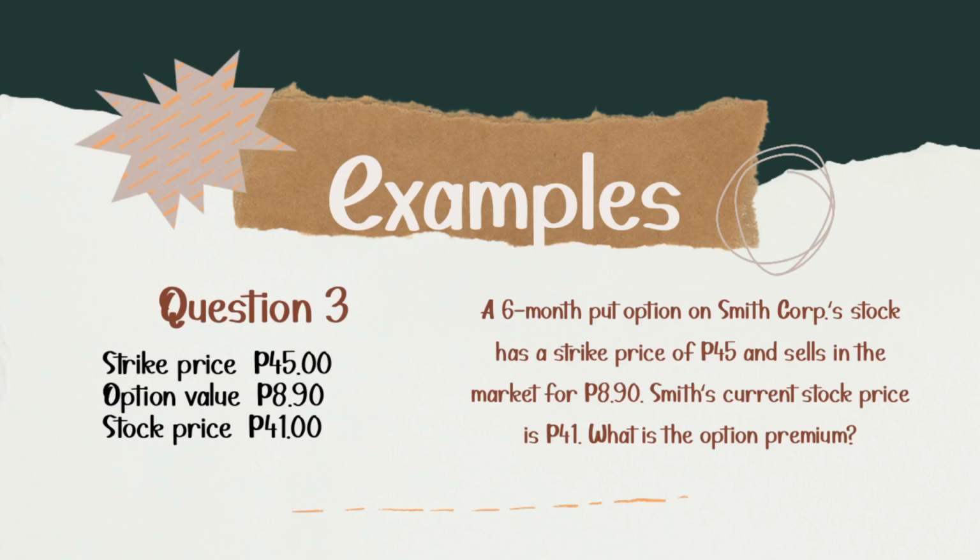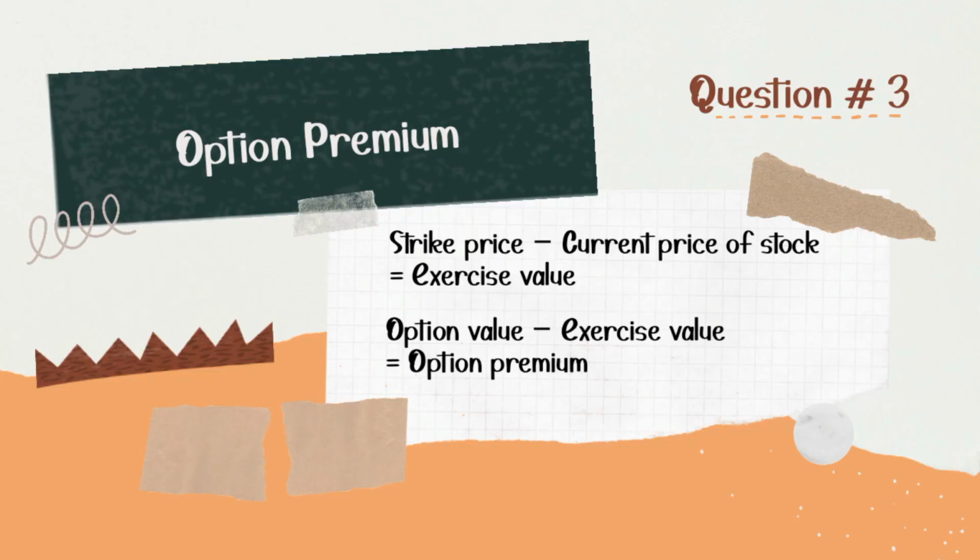So in getting the option premium, we have here strike price minus current price of stock to get the exercise value. And then after getting the exercise value, we will use option value minus exercise value to get the option premium.